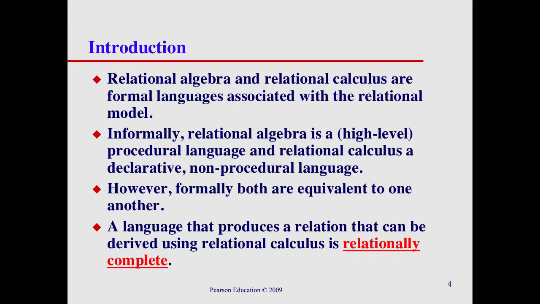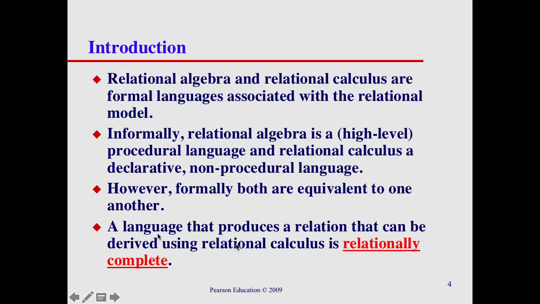In fact, every operation in the relational algebra maps into an operation in the relational calculus. But whenever you form a relational database and create its query language, you say that the query language is relationally complete if every query that can be expressed in the relational calculus can also be expressed in your query language.